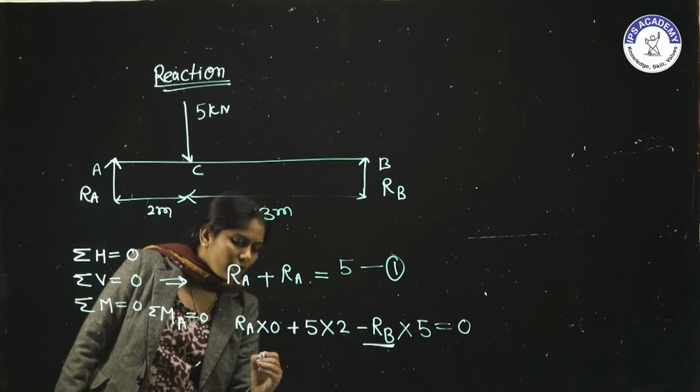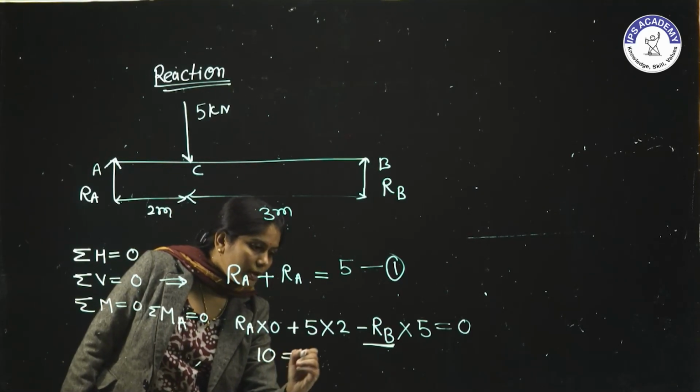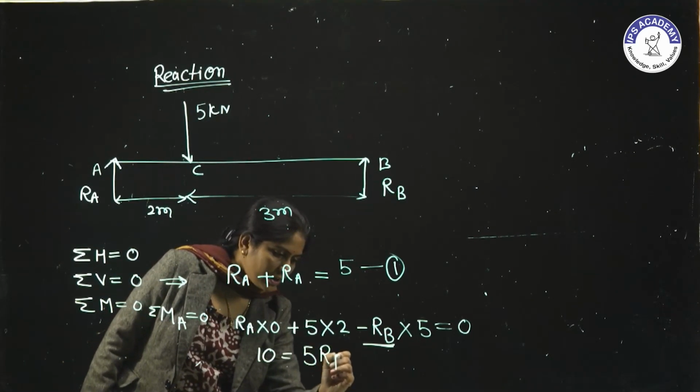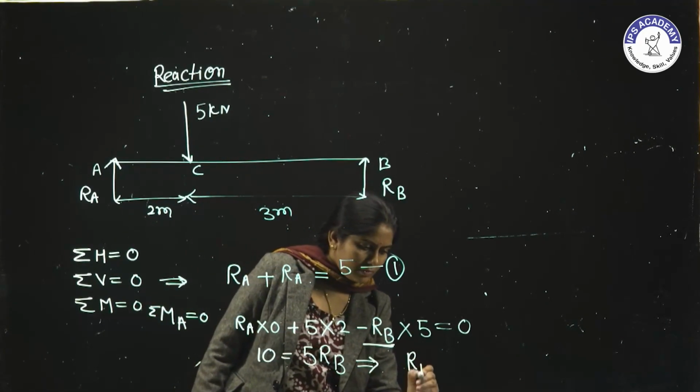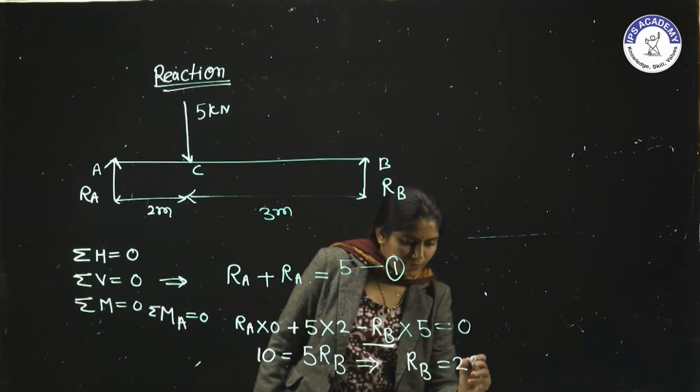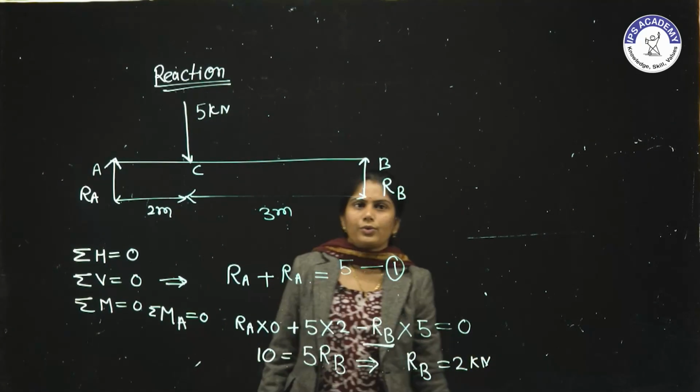So 10 equal to 5 RB, RB equal to 2 kilonewton.